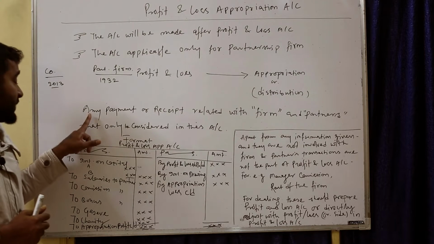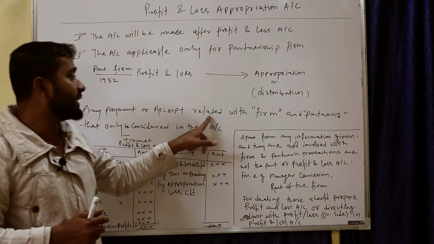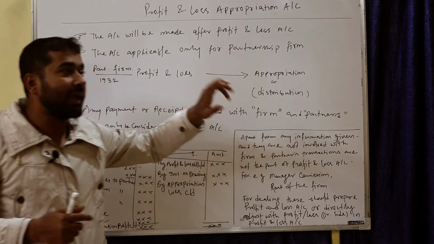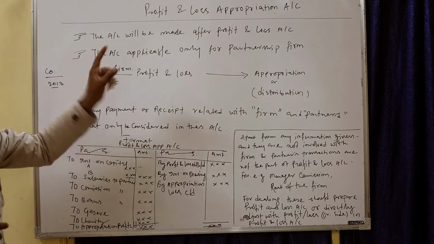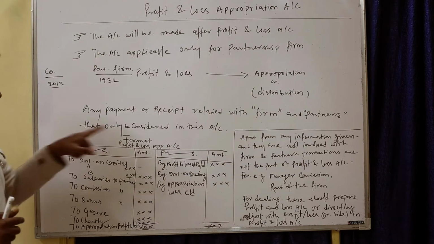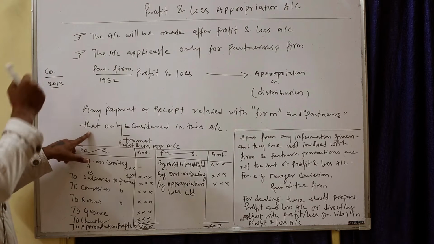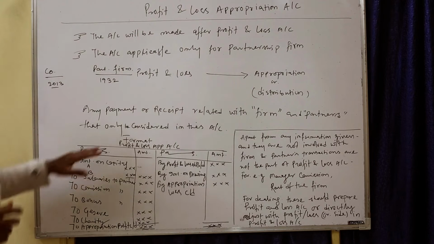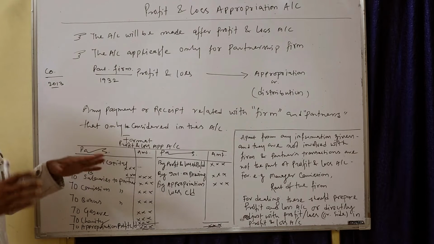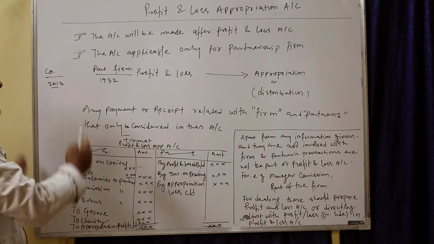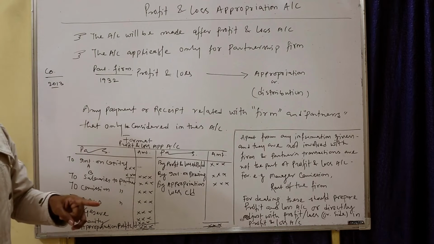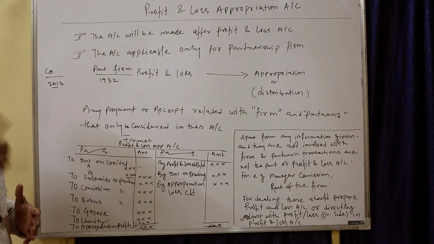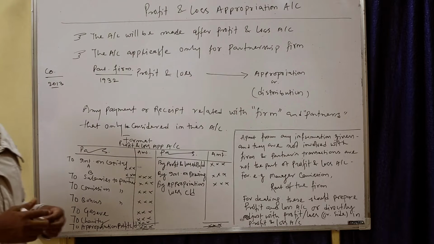Next, any payment or receipt between the firm and the partners will be considered only in this account. Now the format we are going to see is just an easy format. This is a firm's account, so who is going to make the profit and loss appropriation account? The firm only, not the partners.